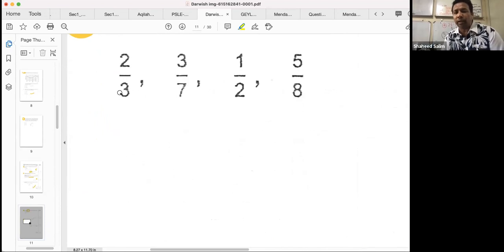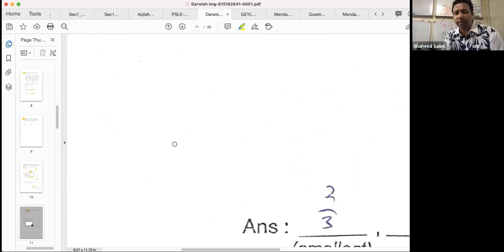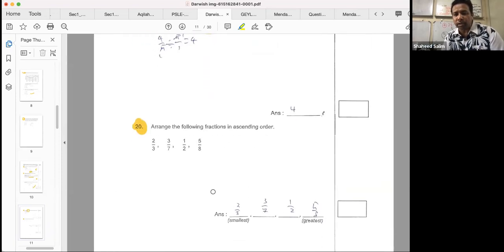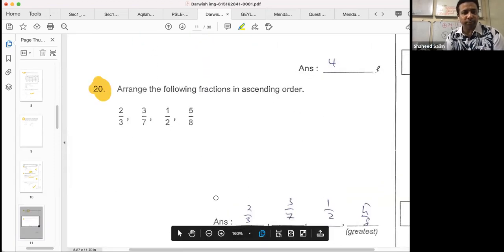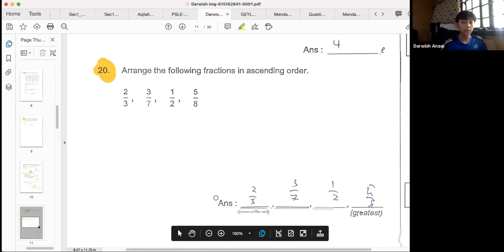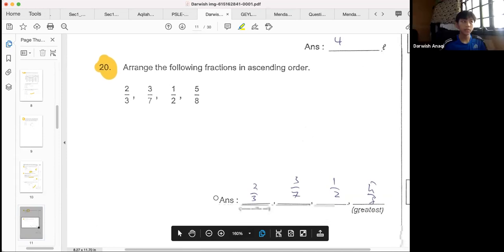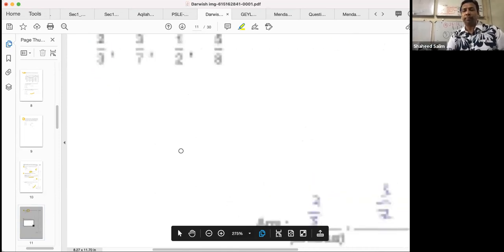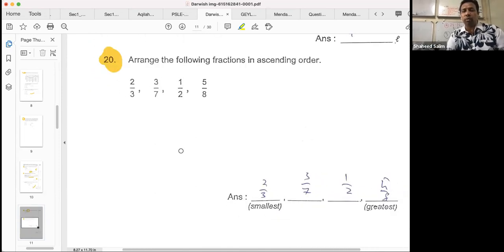You say 2/3 is the smallest. Is it true? 3/7. Can you arrange again? You arrange again, and then we will compare. Okay, you tell me. You go through which one is the smallest, and how do you know how to compare?